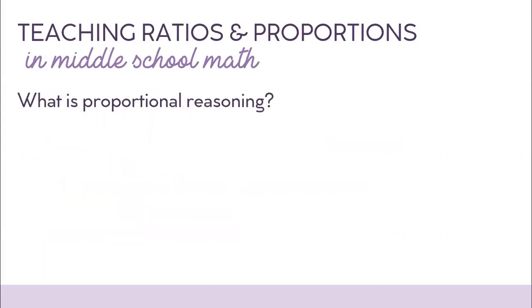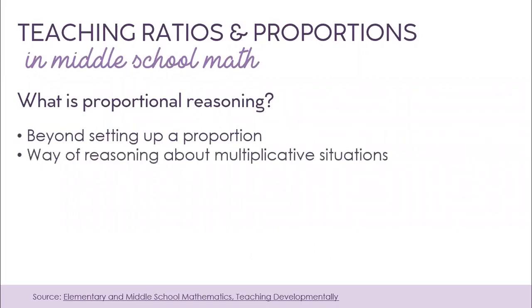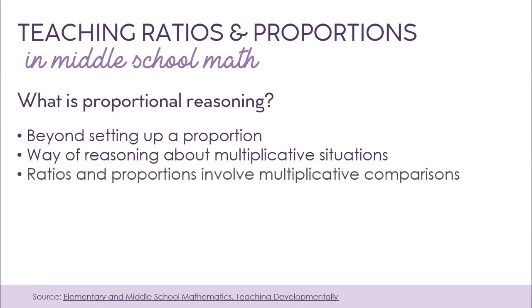So let's start out with a definition of proportional reasoning. According to the book, Elementary and Middle School Mathematics, Teaching Developmentally, proportional reasoning goes beyond the idea of setting up a proportion to solve a problem. The authors say that it's a way of reasoning about multiplicative situations. This is very important because ratios and proportions both involve multiplicative comparisons.